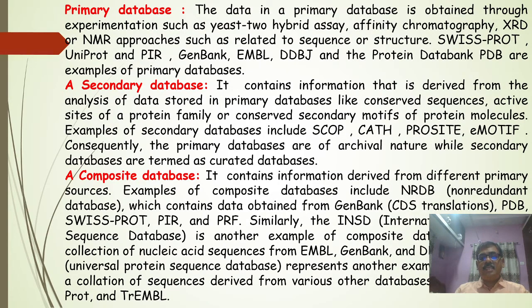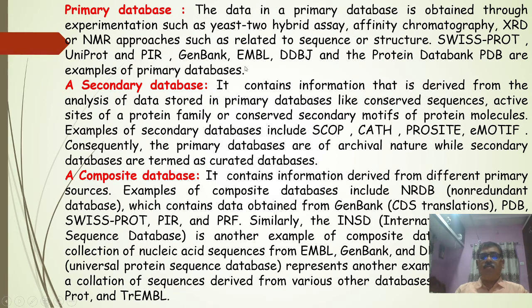The data in the primary databases is obtained by experimentation such as yeast two-hybrid assay, affinity chromatography, XRD, or NMR approaches, such as related sequence or structure. Swiss-Prot is a protein database, UniProt is a protein database, PIR is a protein database, then GenBank, then EMBL, the European Molecular Biology Laboratory, and the data bank of Japan, DDBJ.